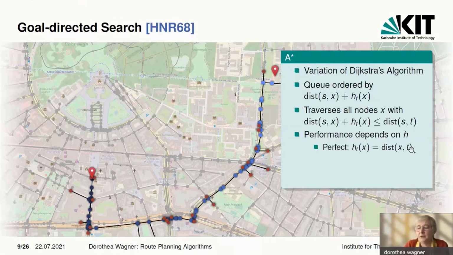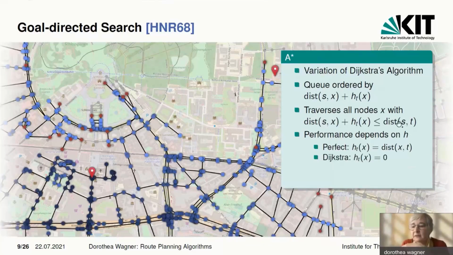But this is something we don't know. We don't know the distance to the target node before we compute the shortest path from the source node to the target node. But if we would know it, then this would give us the perfect speed up, because within one step we would know the distance from S to T.